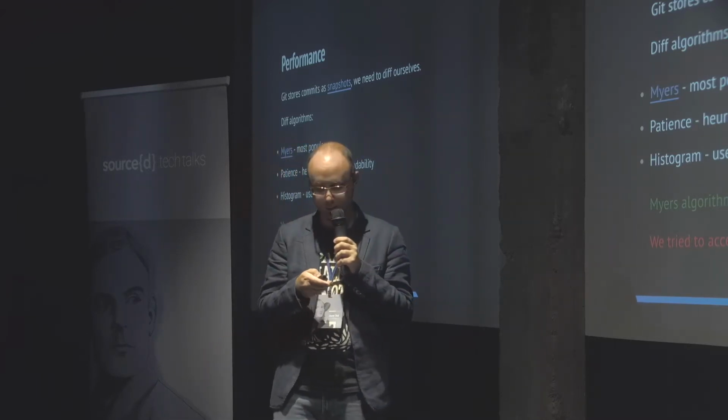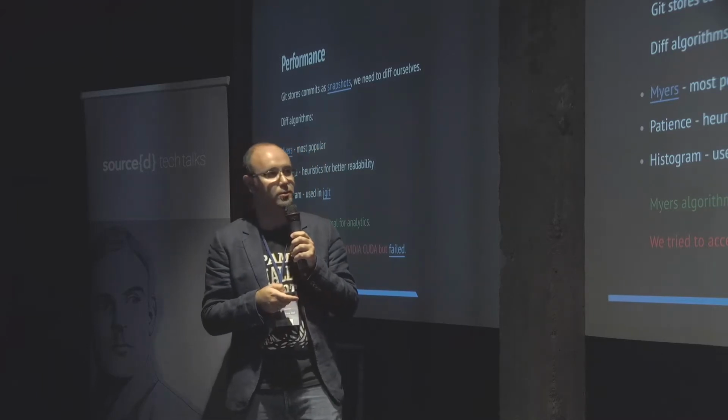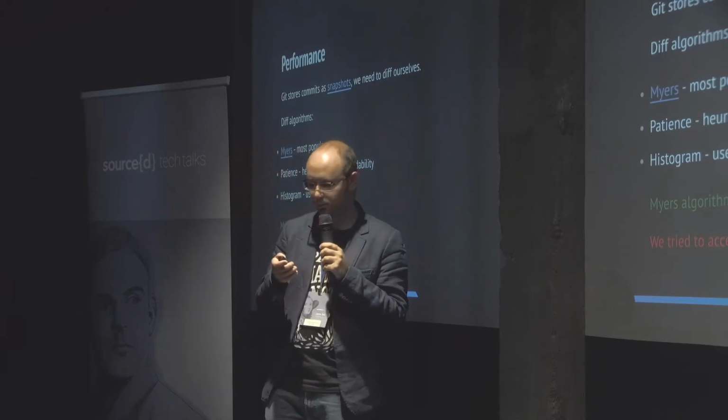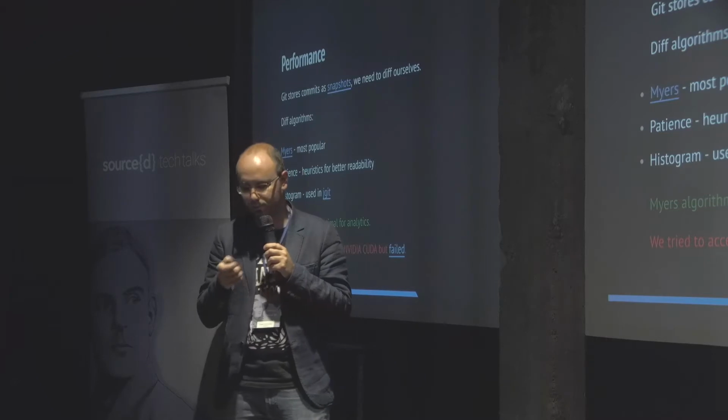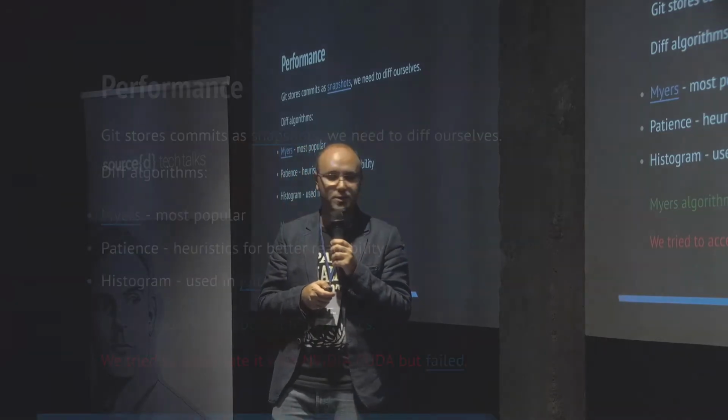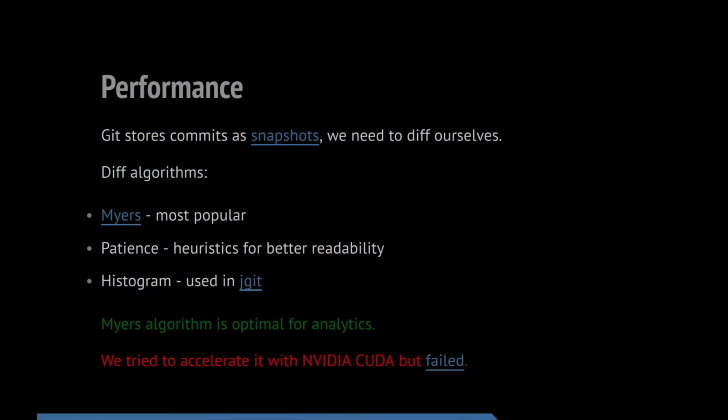So we just take Myers. There is an implementation in Go, which is rather performant, and we use it. We tried to optimize diffing with CUDA, but we failed because diffing is very branchy, and it's very data-driven, and it works really badly with the single instruction multiple data approach.